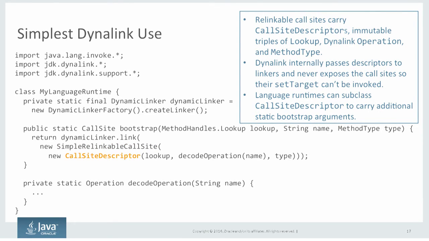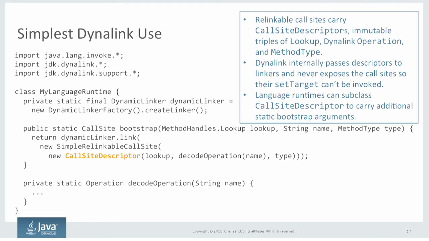So a call site, as used by Dynalink, is expressed in terms of a descriptor that consists of a lookup object for context and access checks, an operation describing at a high level what the call site should do, and the type signature of the call site with all the parameter types and the result type that are expected there.